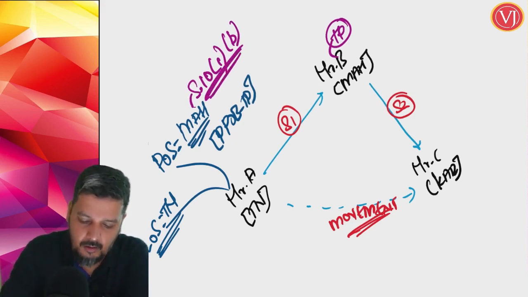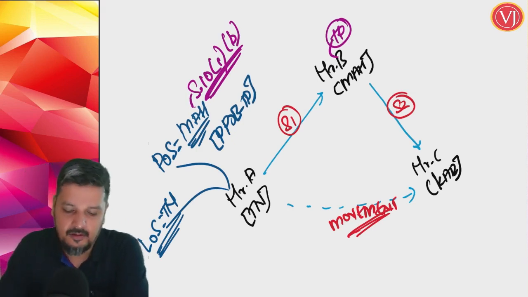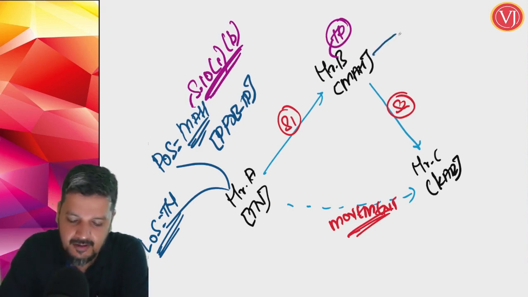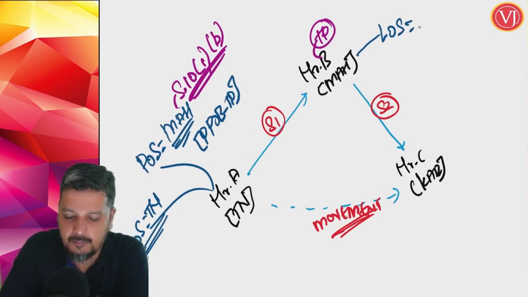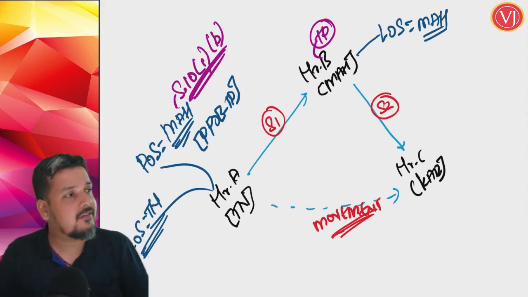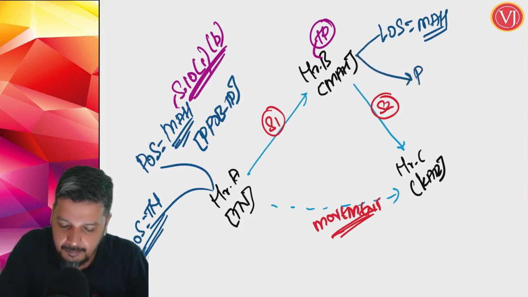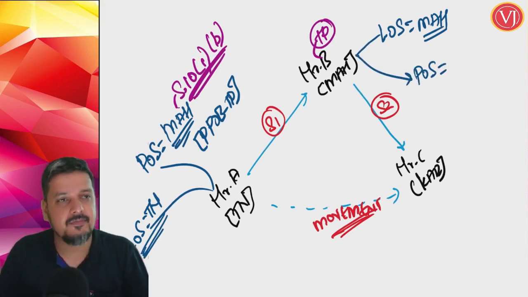Now, what about the second transaction? We have to analyze the second transaction too. Second supply. Where is the location of supplier for Mr. B? Maharashtra. The place from where instruction is given is the location of supplier. Where is the place of supply for Mr. B?